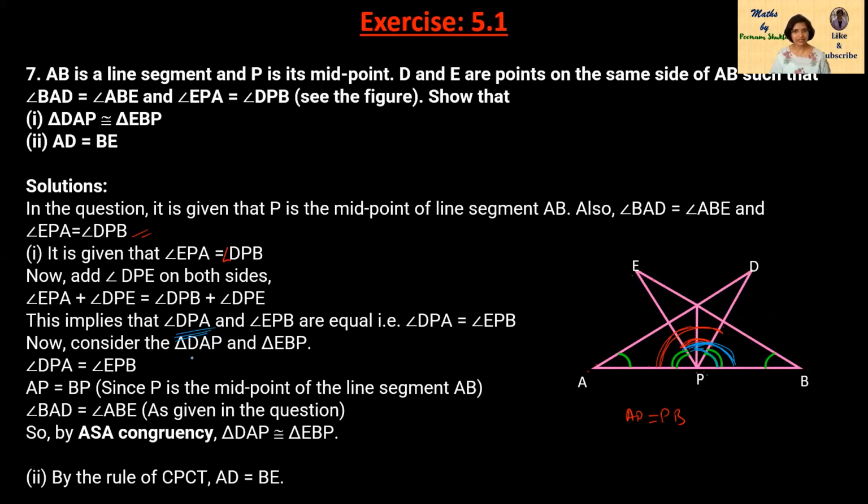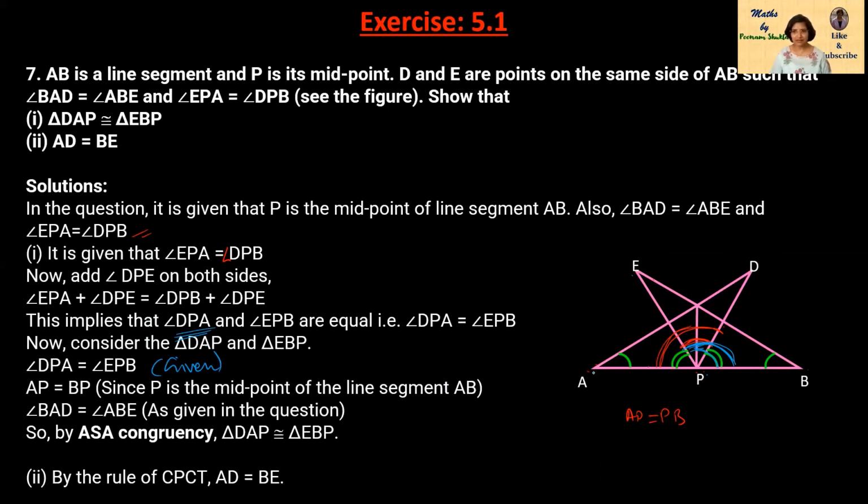Now consider the triangle DAP and triangle EBP, right? So angle DPA equals angle EPB, that is given. It is given here. We can write that given. AP equals BP, since P is the midpoint of line segment AB. So angle BAD equals angle ABE.